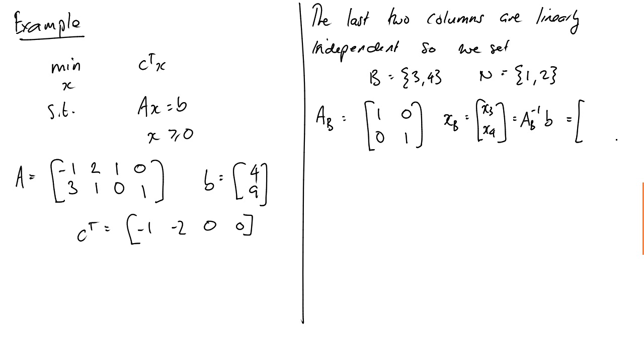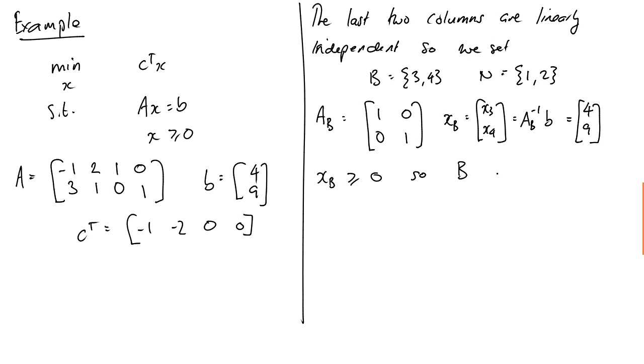Well, A_B is just the identity, so is its inverse, and A_B inverse b will just be b, equals 4 and 9. x_B is greater than or equal to 0, therefore our initial basic solution is feasible because of the non-negativity of each of the variables.